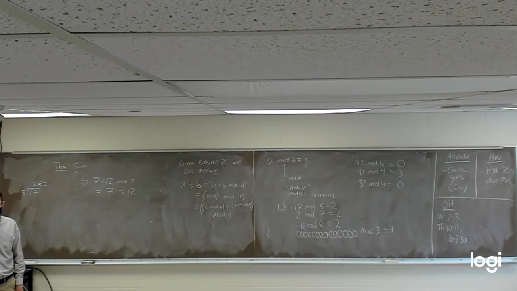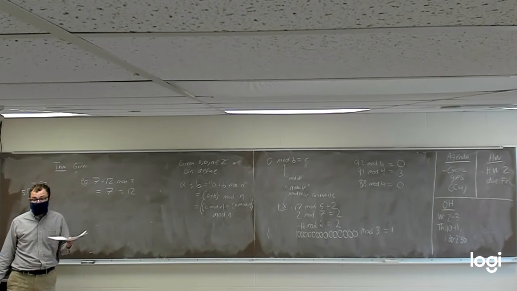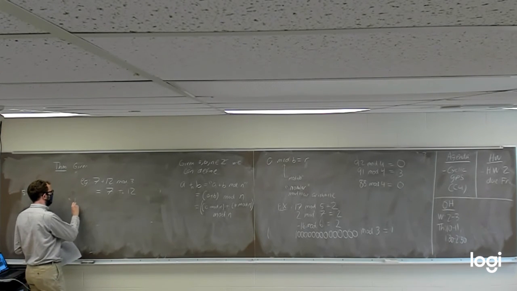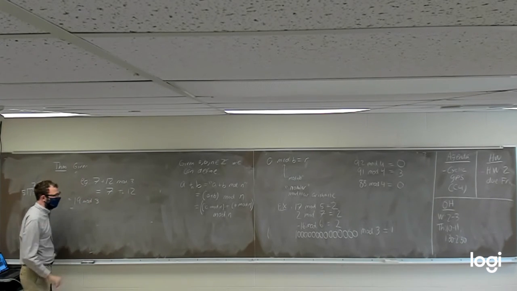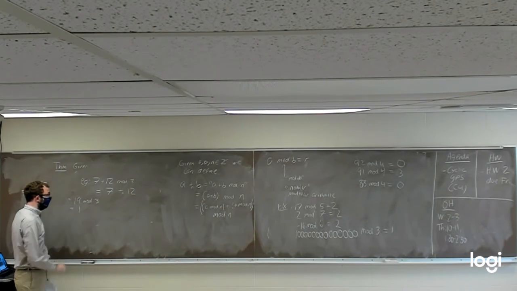We have 2 ways we could work this out. We could add 7 and 12 normally, and then mod out by 3, which would give us 19 mod 3. And if we were to take 19 divided by 3, what would our remainder term be? It's going to be 1.